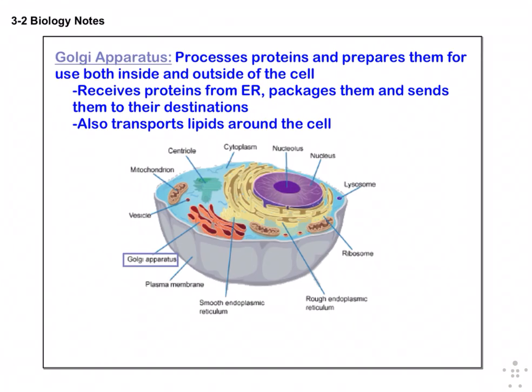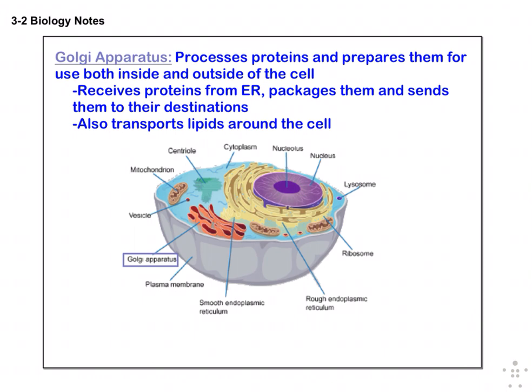The Golgi apparatus. There is only one Golgi apparatus in a cell, and this processes proteins and prepares them for use either inside or outside of the cell. By processing proteins, what I mean is it is the finishing touches. It is the final place to edit these proteins to make sure there are no mistakes in them, because your cells are constantly making proteins.